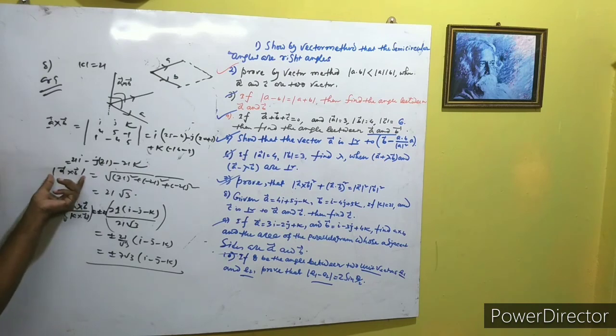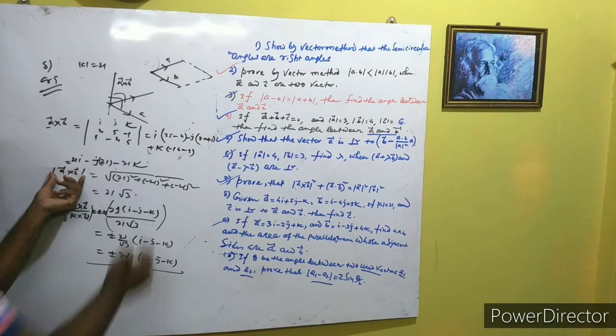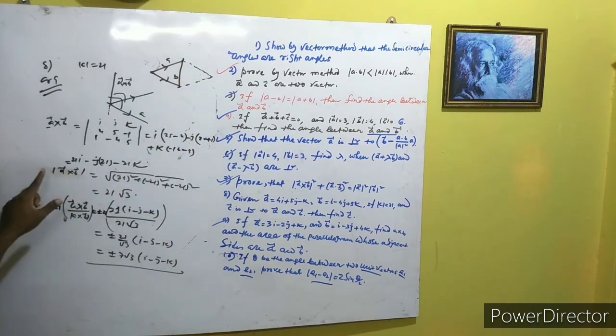And if the question is to find the area of the triangle, then it is half of this, the area of this region is called the area of the triangle.